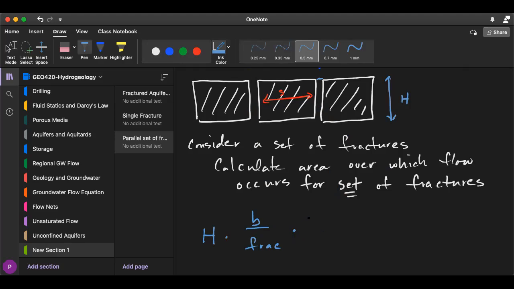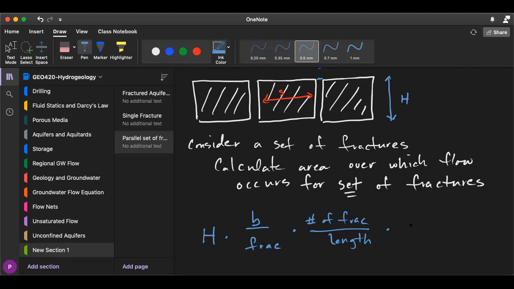Because then if I say number of fractures per unit length, so I've got fractures and fractures here, they'll cancel out.